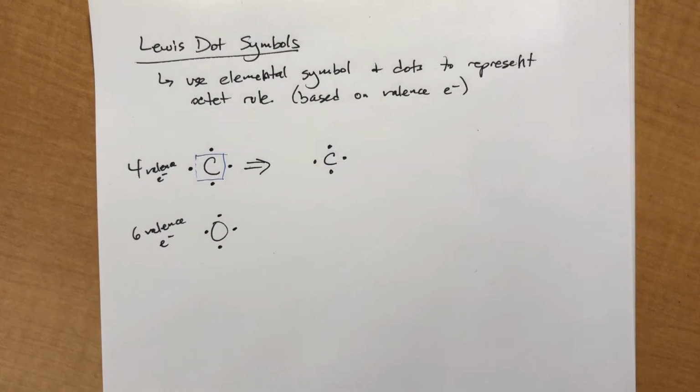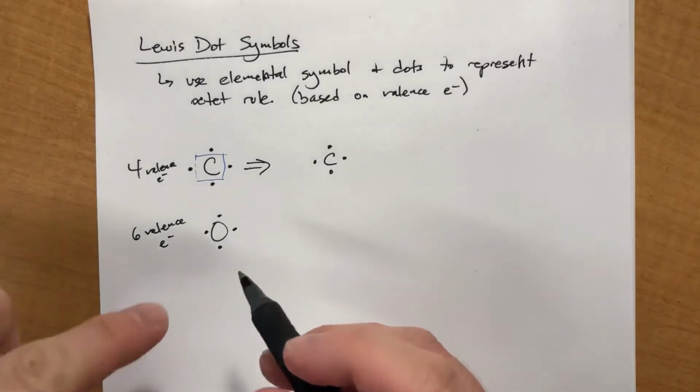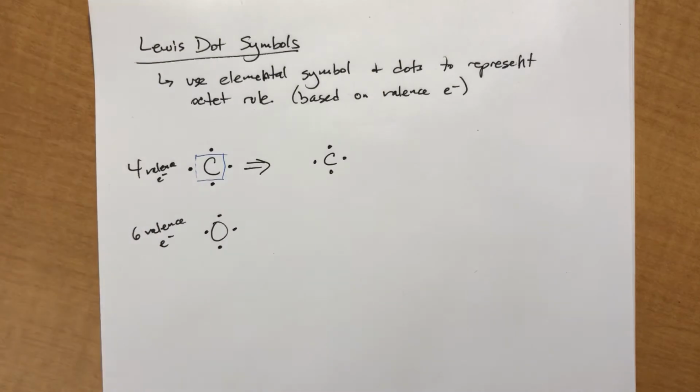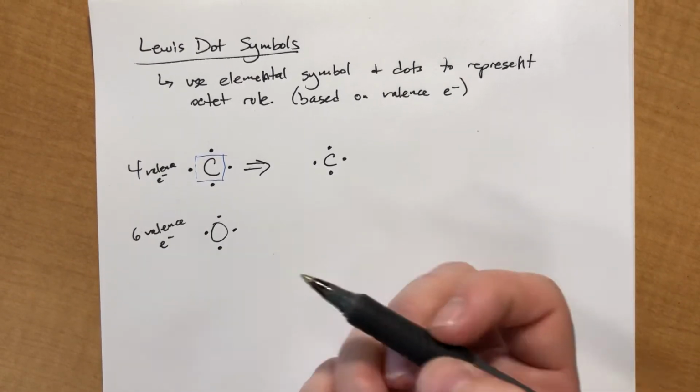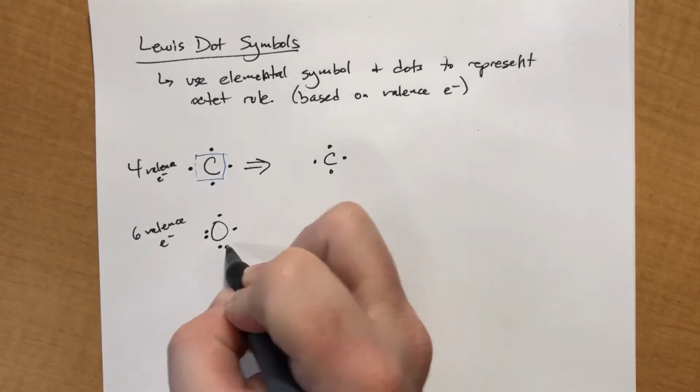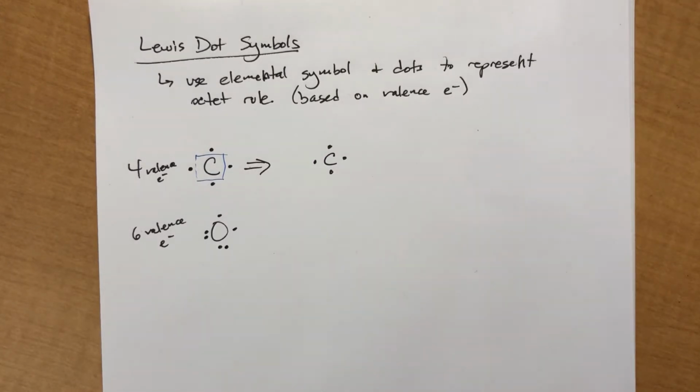When I was in high school, my high school teacher, when he was teaching us this, said, now when it comes time to pair them, you make sure you start at the top and then you go to opposite sides. I will tell you that it really does not matter at all. Just put them wherever you want. Okay, so we have 4 valence electrons. We need to put 2 more in, so we start pairing them. I'm going to pair them here and here because I randomly chose those 2.